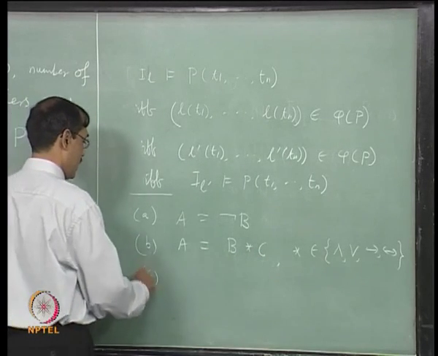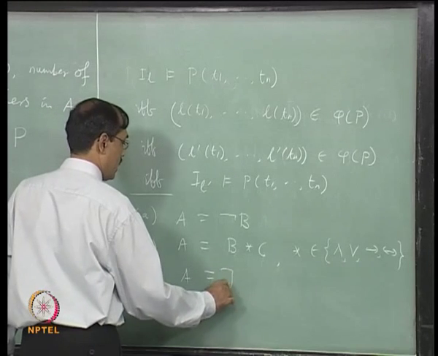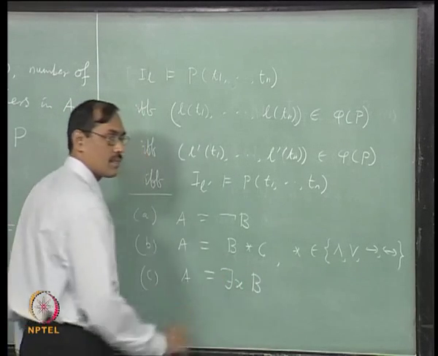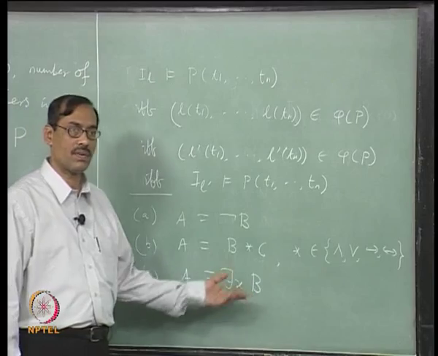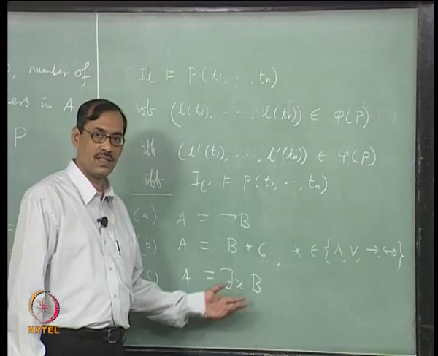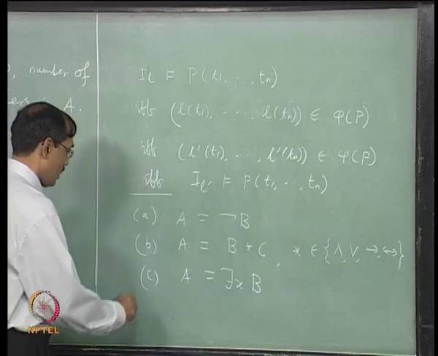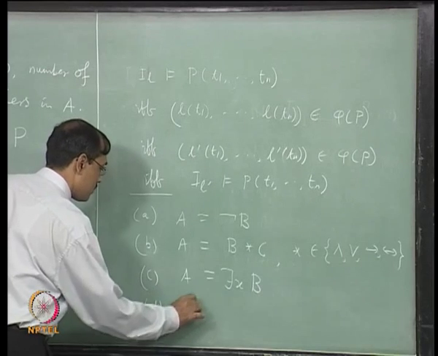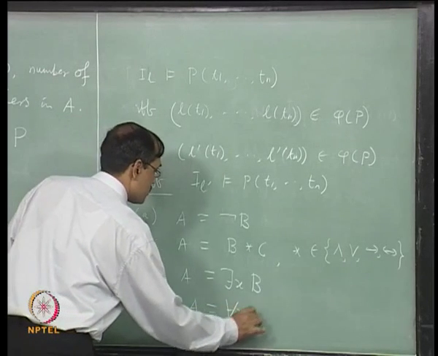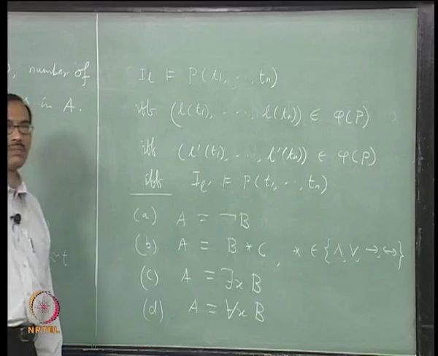Or it can be in the form there exists x B, where B is another formula and x is a variable, or it may be in the form A equal to for each x B. One of these four is possible.